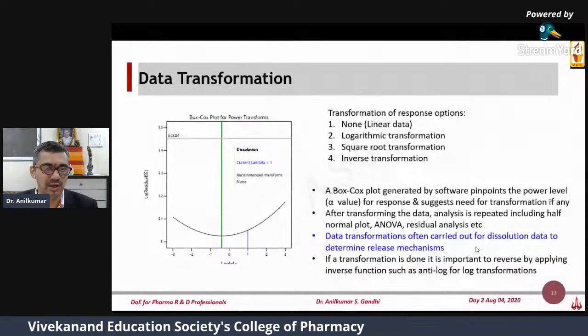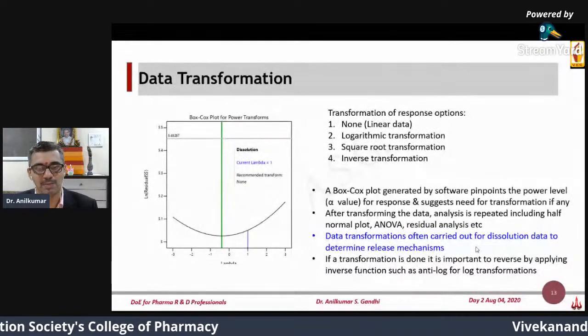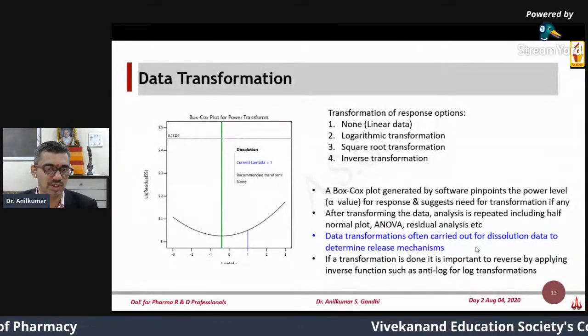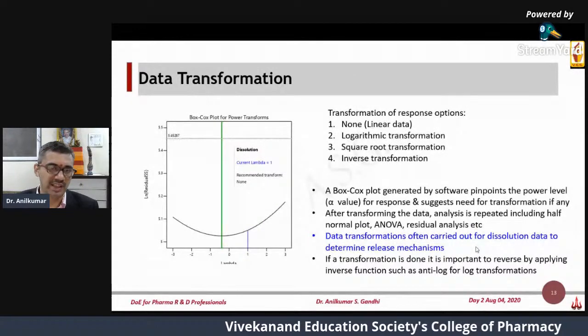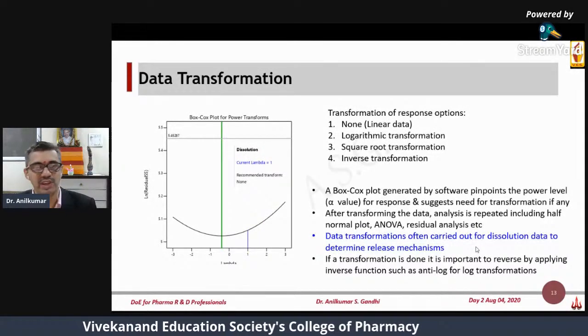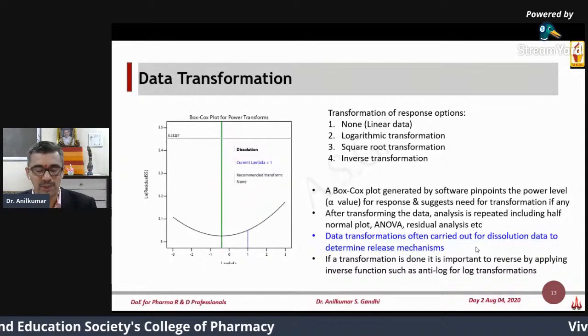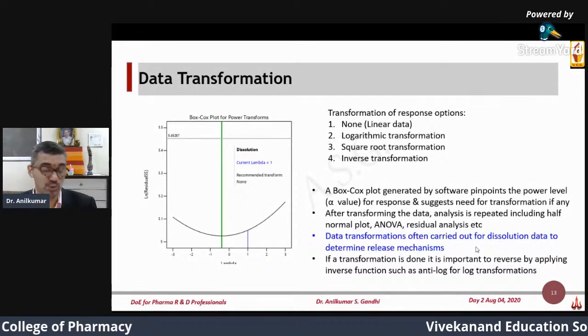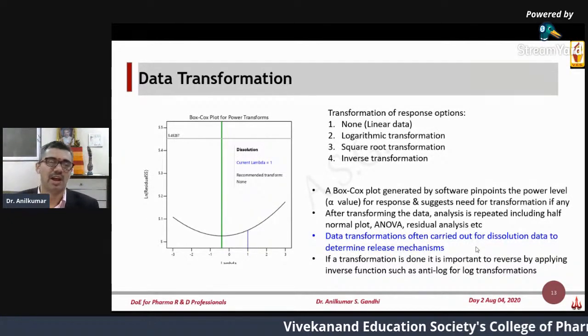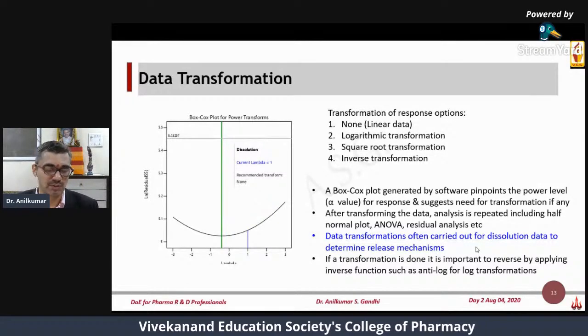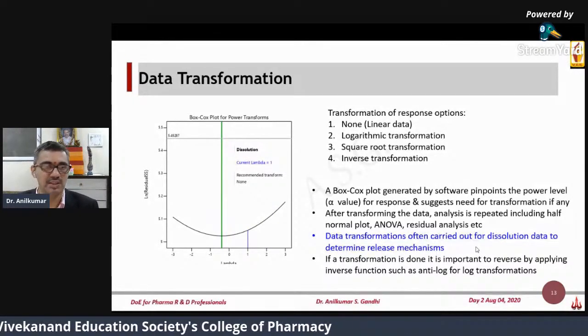You can see in the middle that it has said recommended transformation: none. We'll not get into details of how we get it and how we interpret it, because it's too much statistics, number one, and the interpretation is already given by the software. So I think we'll not get into that.